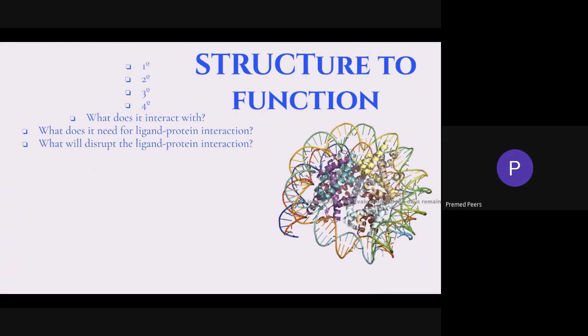What are some of these levels of structure information that might contribute to the interaction with the DNA itself? We think about the primary structure. The primary structure is the sequence. The sequence determines what kind of side chain is available for the interaction with the double-stranded DNA itself.